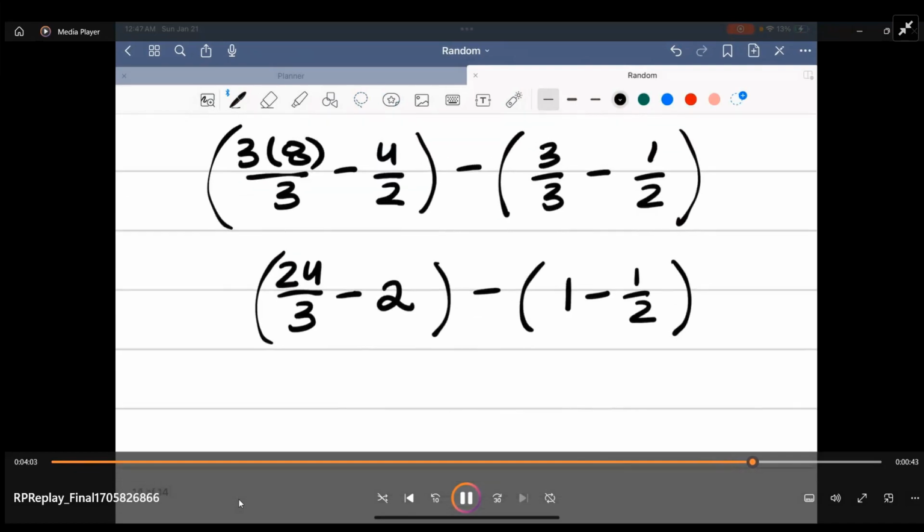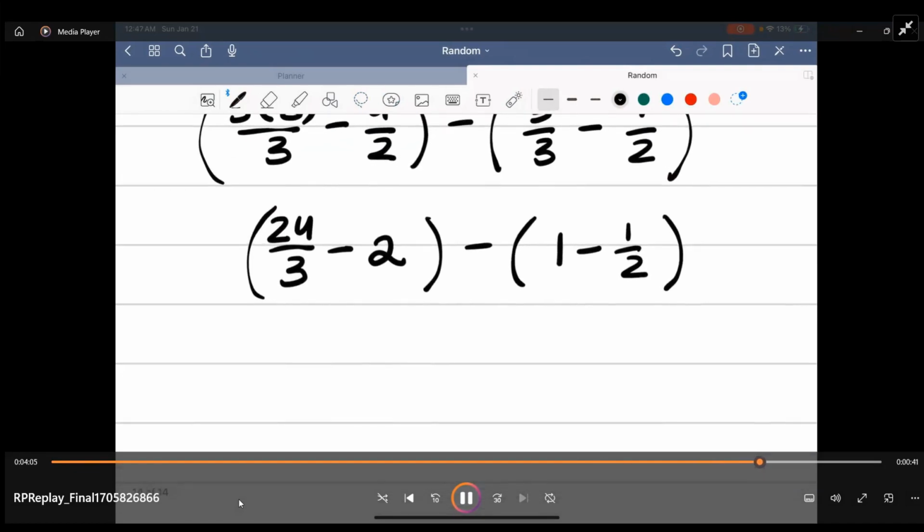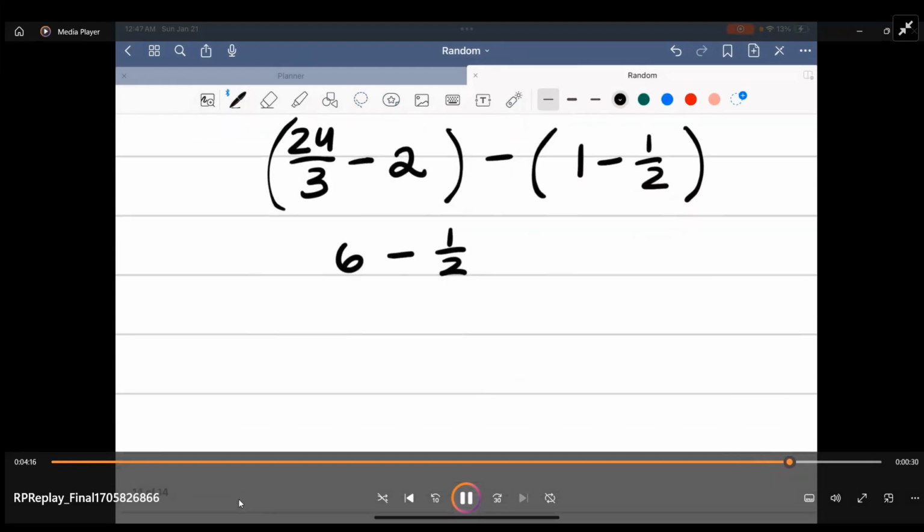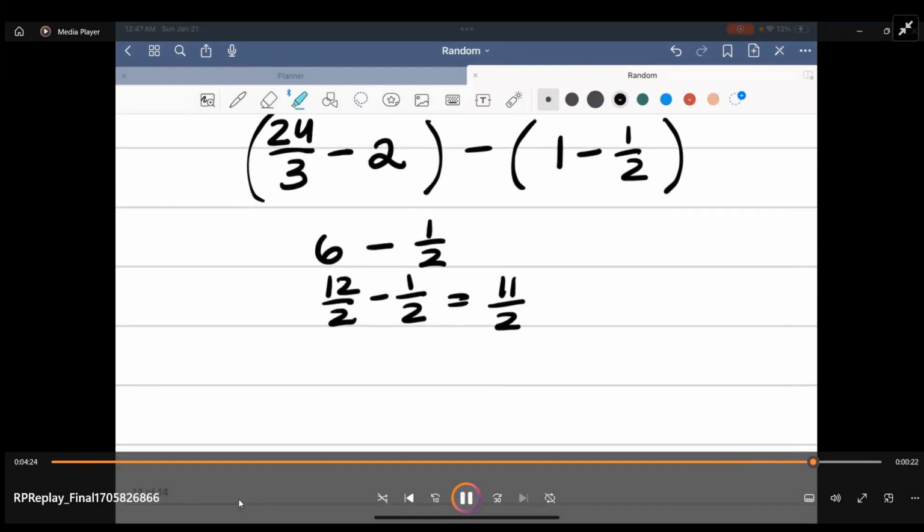So 24 divided by 3 is the same thing as 8. 8 minus 2 is 6. 1 minus 1 half is the same thing as just 1 half. And then 6 is the same thing as 12 halves. So your answer is 11 halves.